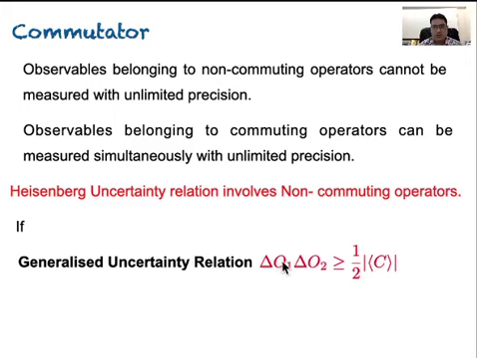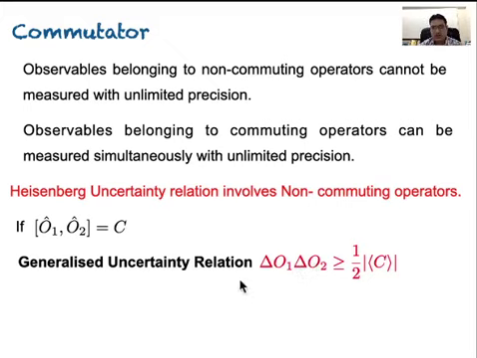Let's say you have two operators, O1 and O2, and you take the standard deviation of O1 and O2. It will be greater than or equal to half the modulus of the average value of C. What are these O1 and O2? O1 and O2 are non-commuting operators and the value of their commutator is C. So this sets the upper cutoff in the precision while measuring the observables associated with these two operators simultaneously.